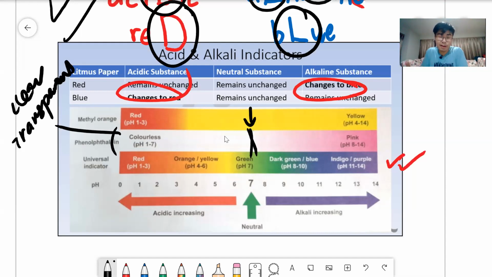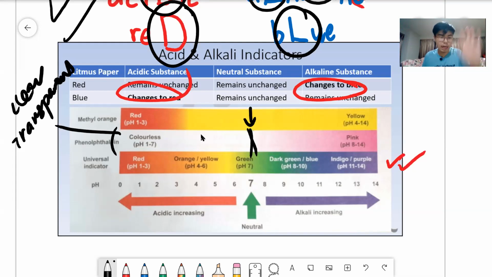Since it's transparent, we are unable to see any difference, either more transparent or less transparent, because it is already 100% transparent. Throughout the whole pH 1 to 7, the whole thing is considered transparent. So we are just going to take it as acidic. When you see phenolphthalein become clear, acidic. So remember this phenolphthalein, because you will see it again in the last subtopic, neutralization.